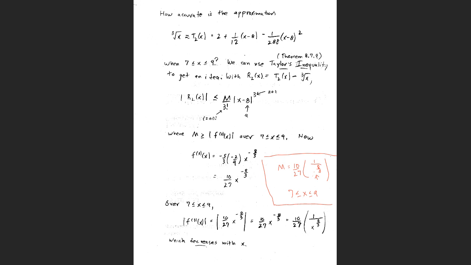If we're going to be conservative, we would want the biggest error bound possible, because we don't want to say our approximation's more accurate than it is. So over the interval from 7 to 9, we want to pick the value of x that makes m the biggest value.